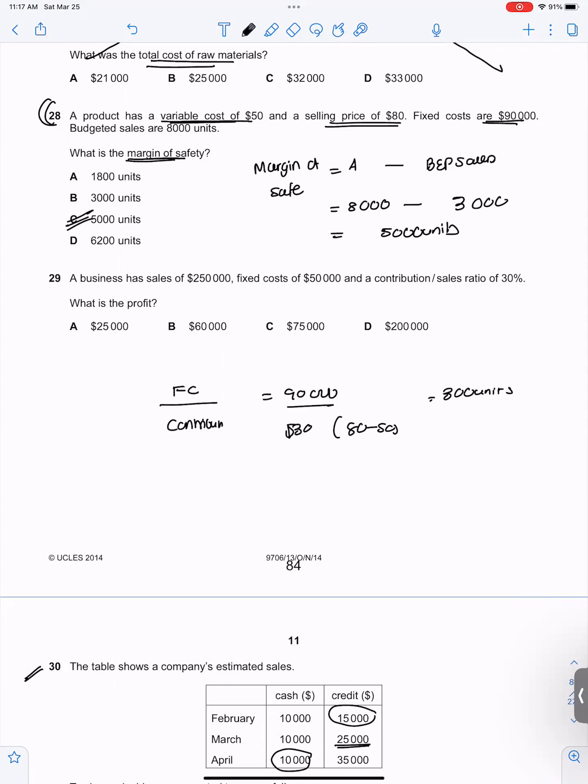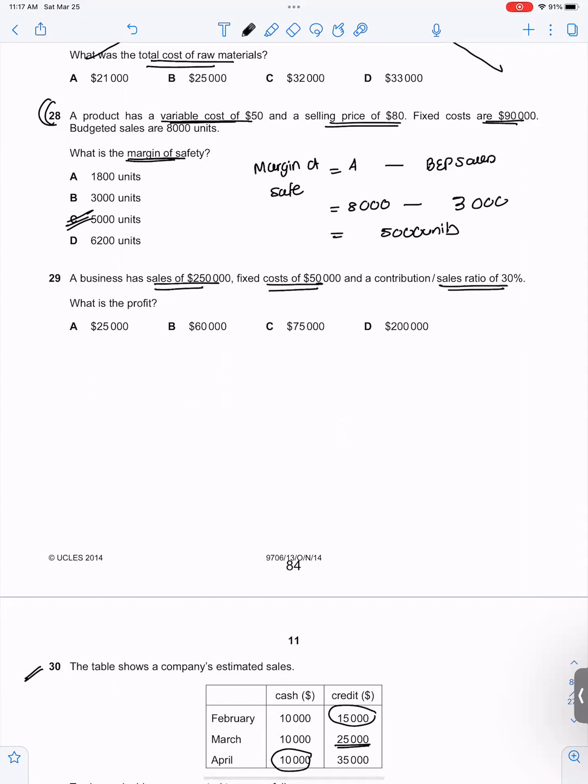29. A business has sales of 250,000, fixed cost 50,000, contribution to sales ratio 30%. What is the profit? First find the contribution. Contribution to sales ratio is 30%, so 30% is equal to contribution upon sales.